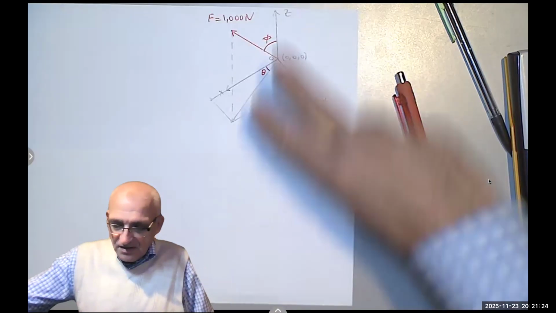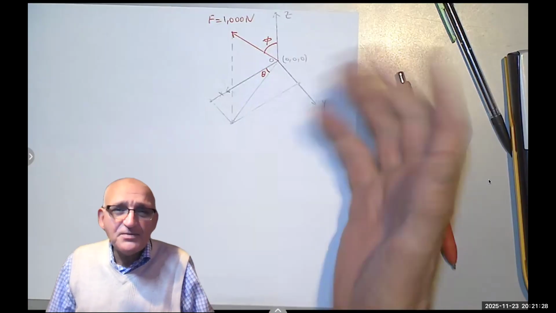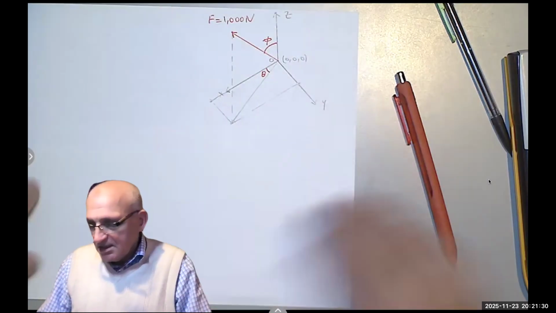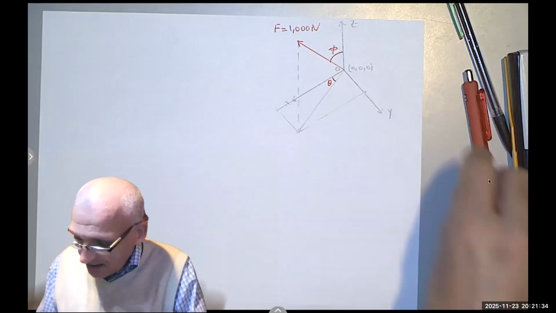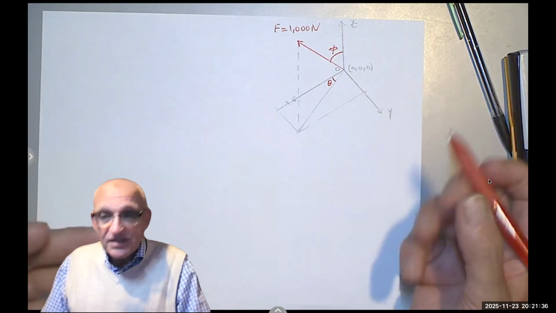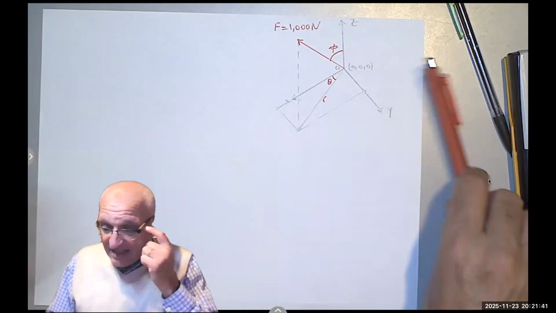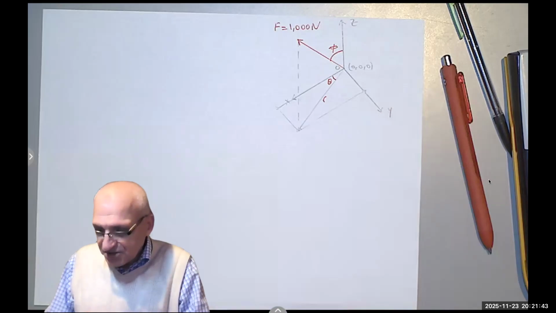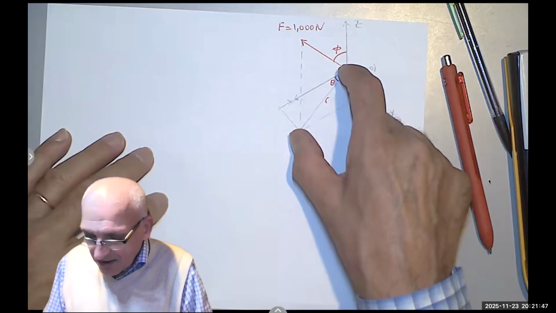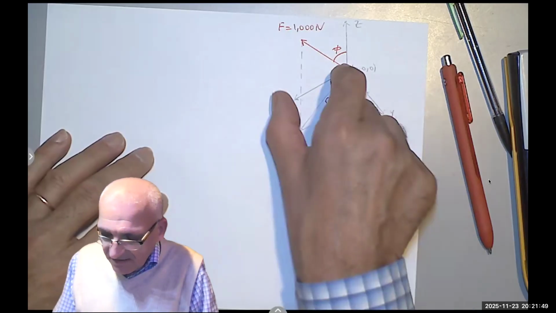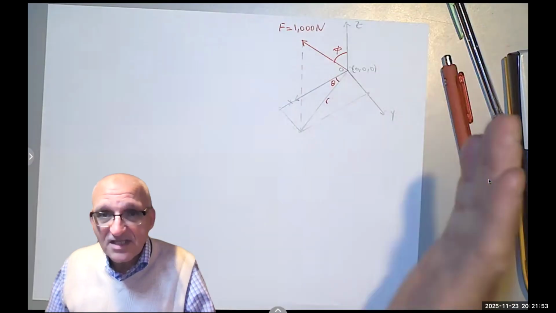Some people reverse and call this theta and this is phi, but I prefer to use the same way we treated forces in 2D. And we are going to refer to that as R, like we had before when it was two-dimensional. That was the radius, or R, and R cosine theta would give me X, R sine theta would give me Y. So it's the same idea.